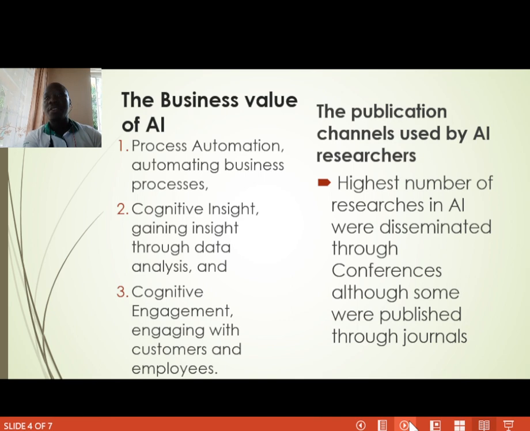Two is in cognitive insight and cognitive engagement, where it engages the customers and the employees to maximize, say, profits. And then in the history of how research papers are disseminated, much of the research papers are disseminated through conferences, but also some through journals.